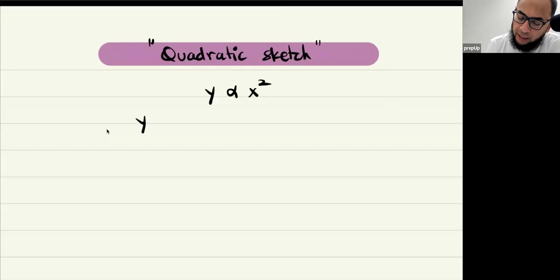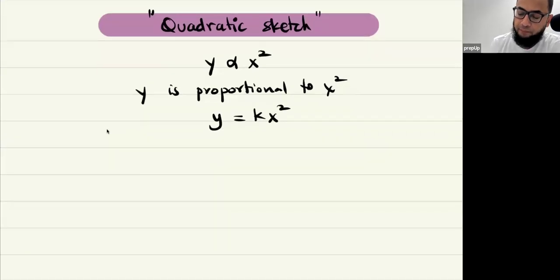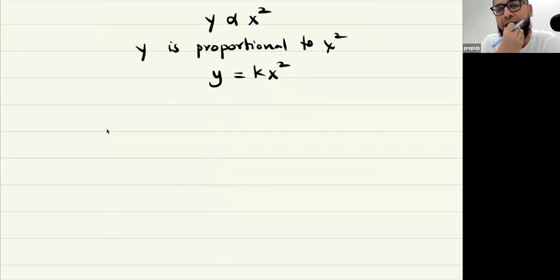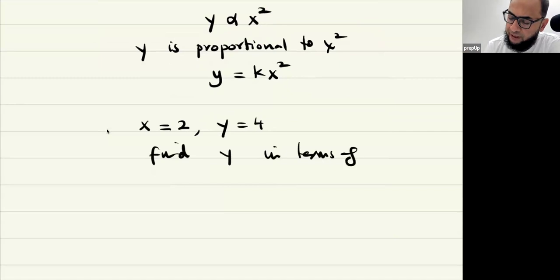Y is proportional to x square. So I'm bringing in the proportionality over here. Or y is equals to kx square. And let me just plug in some points. Let's say when x is 2, y is 4, find y in terms of x. So this is y in terms of x. Let me just shift this thing, hold for a second.